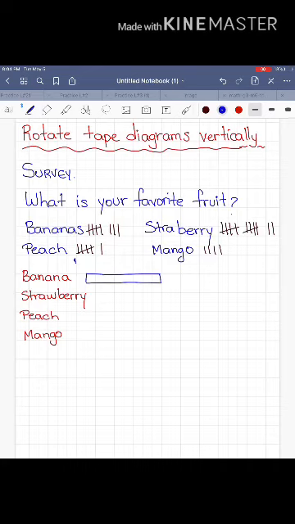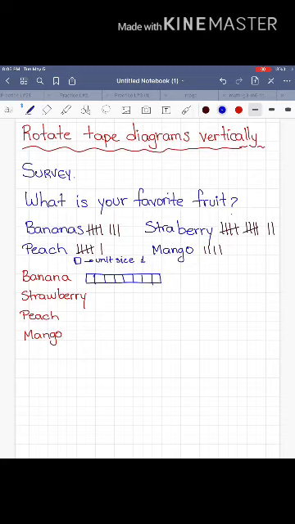Each little square is going to have a unit size of 1, so each square will be one person that voted for bananas.